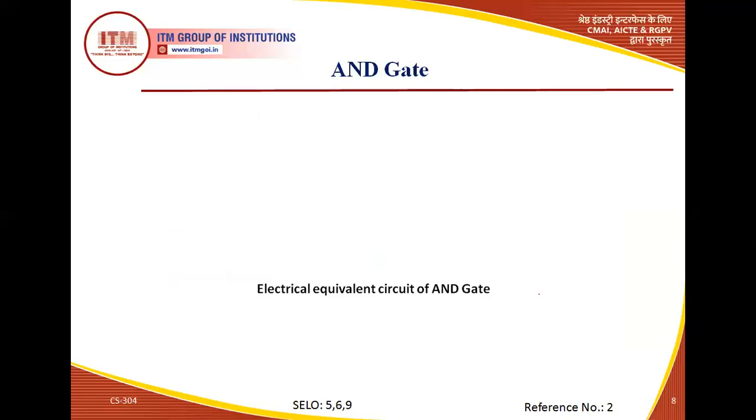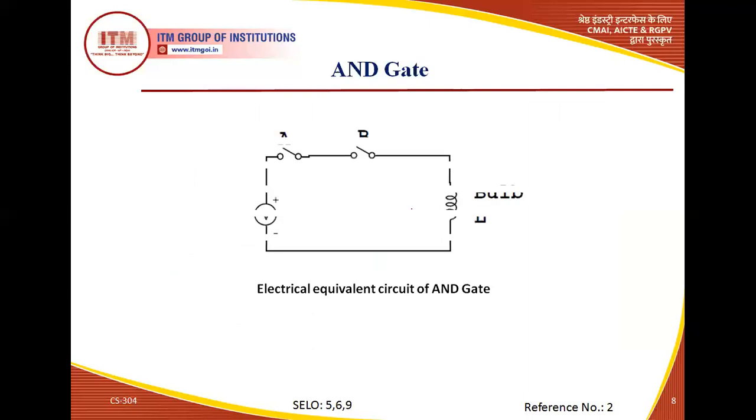Now we see the electrical equivalent circuit of the AND gate. Two switches are connected in series, and a bulb is connected in the circuit along with a battery.